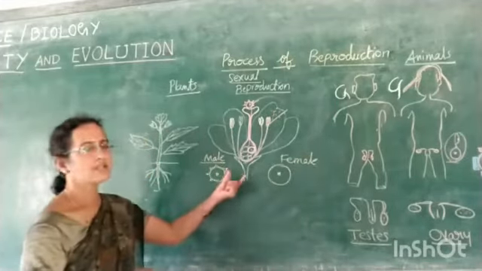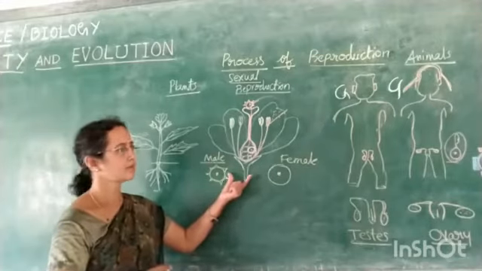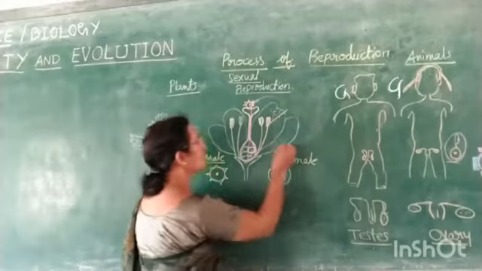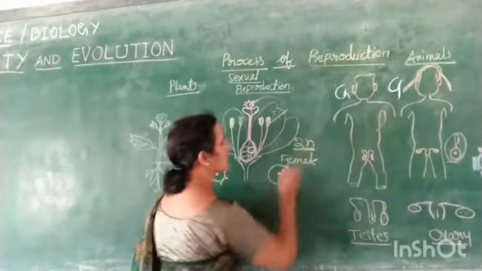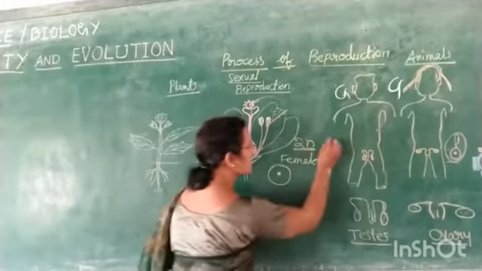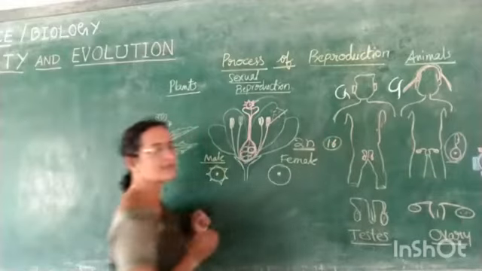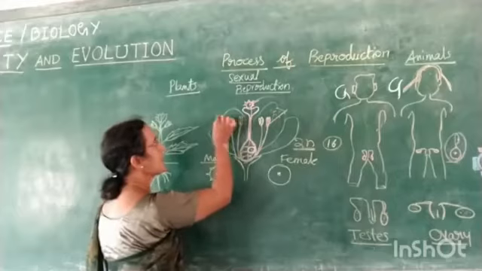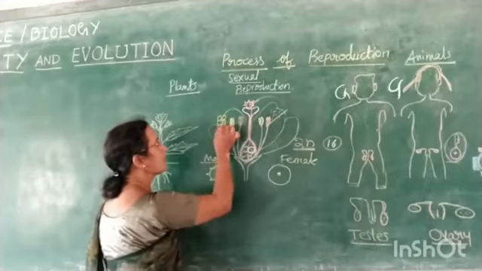Suppose this is the flower of the onion. The onion will have 2n number of chromosomes. Suppose it has 16 chromosomes as the genetic material. There are a number of cells present in the anther, and the ovary also has a number of cells.